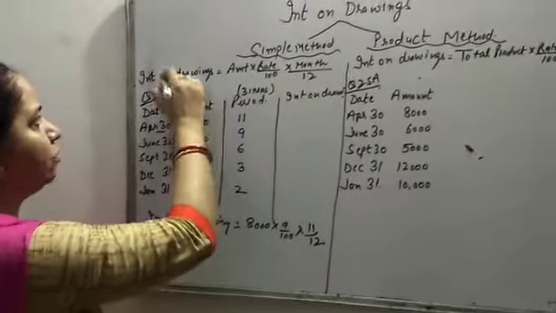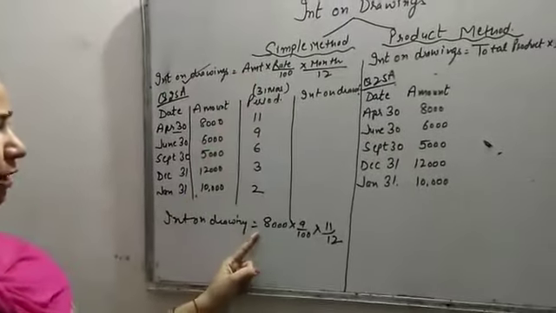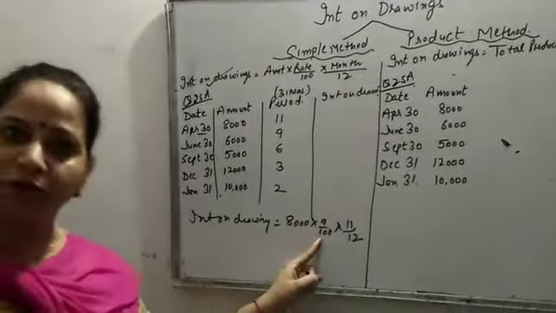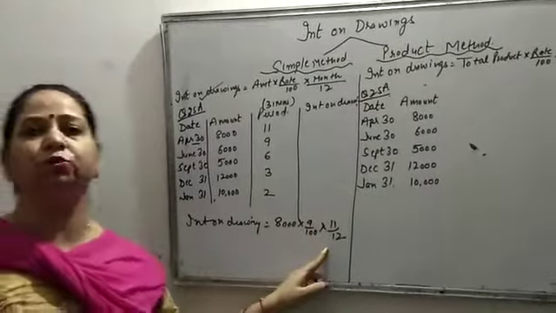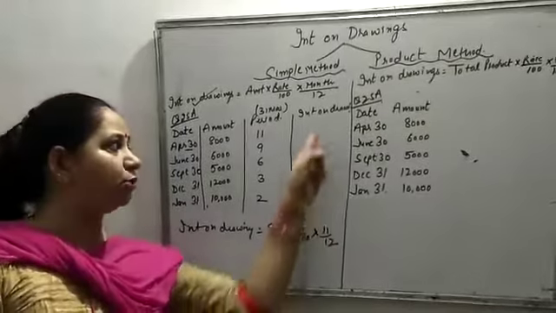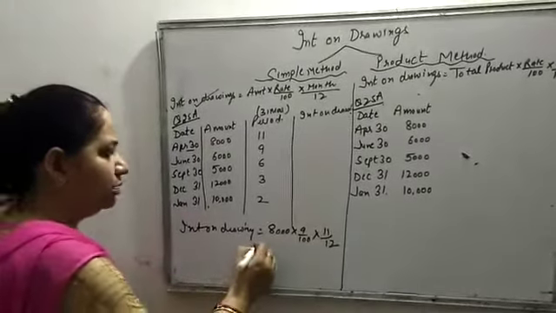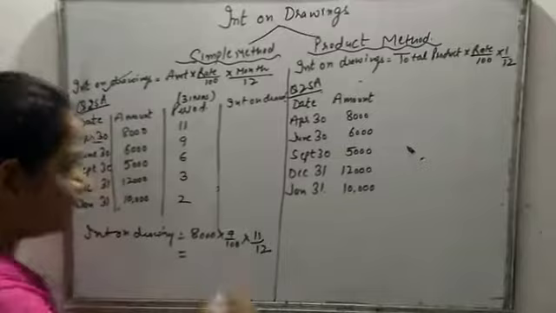In this way we are calculating all the interest on drawing. Here our answer will be 660.